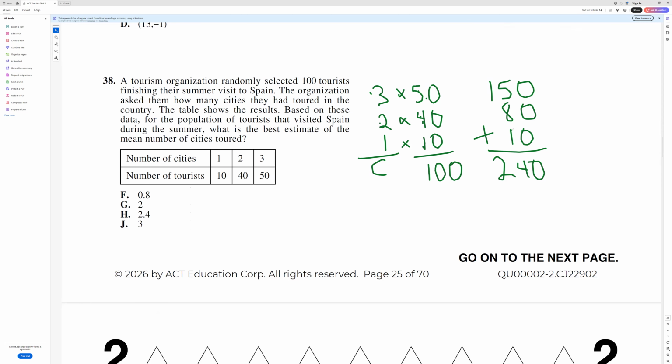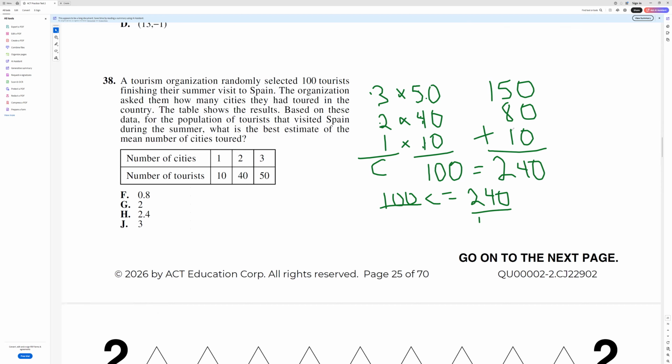So dividing by 100, so 100C is equal to 240, obviously, and so divided by 100, 2.4. Is that an answer?